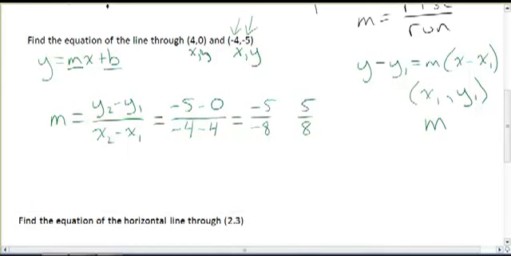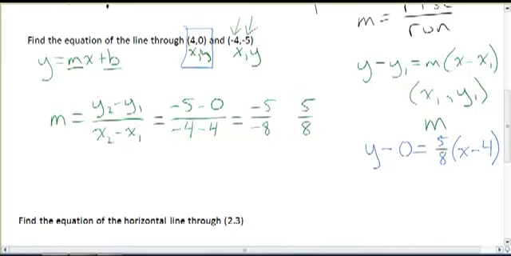Let's switch colors here to make it stand out a little bit. So, I'm using this formula. I'm just going to choose this first ordered pair, 4, 0. It's going to be a lot easier to work with. So what I'm going to have then is y minus y1, well y1 is 0 from the point I'm using, equals m, which is 5/8, we just figured that out, times x minus x1, and x1 is 4.